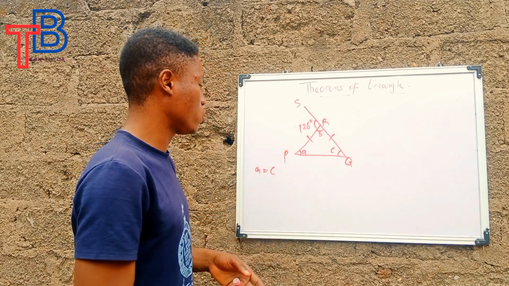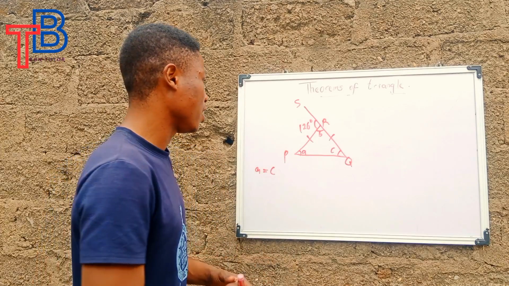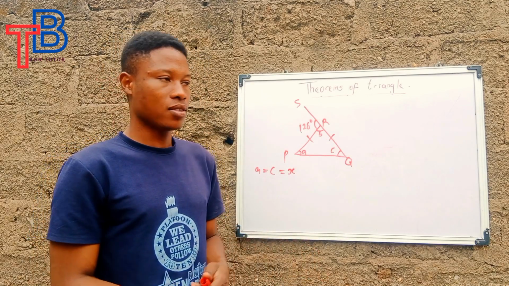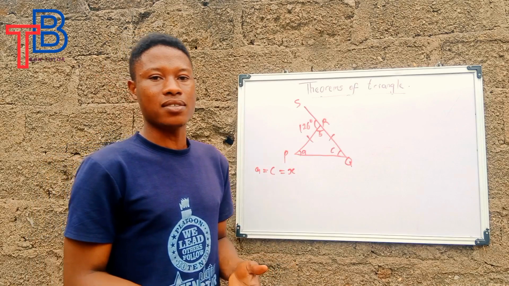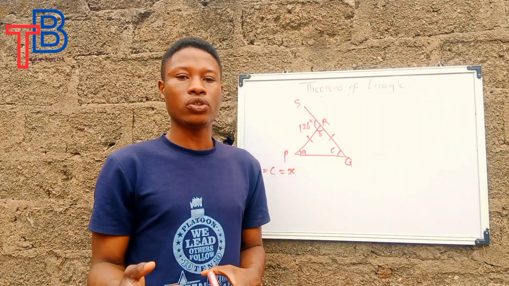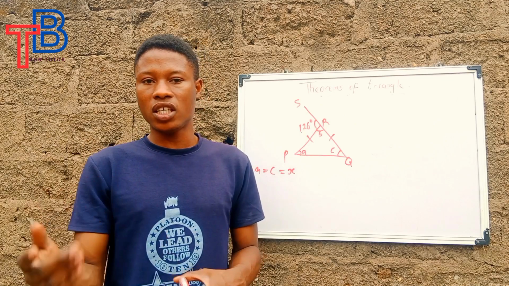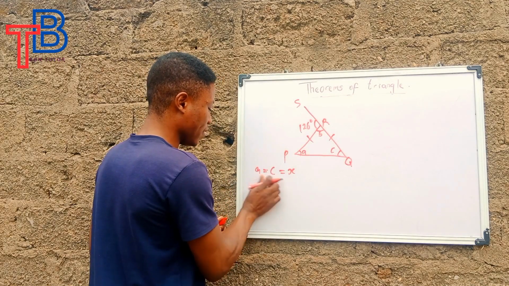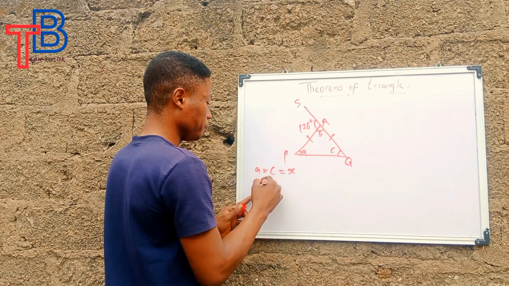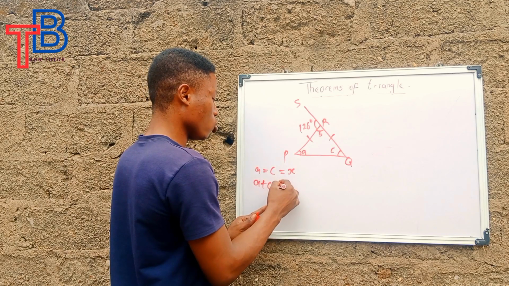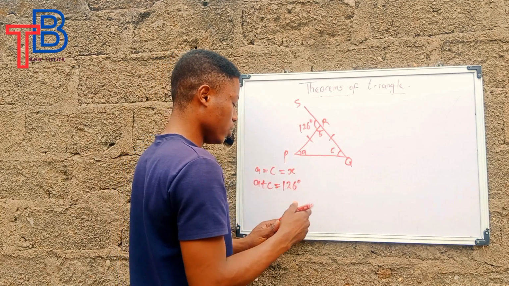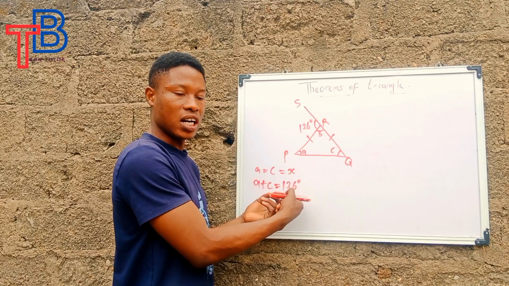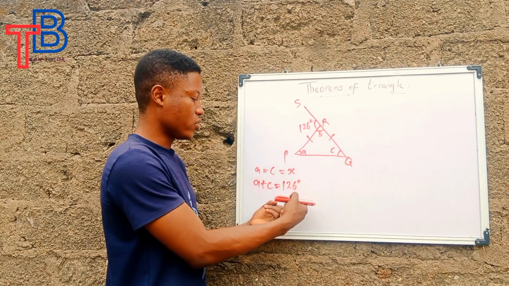If your A equals C, it means they are the same thing, right? Yes, that means you can represent them. Let's represent them with X. For us to follow the theorem that says one exterior angle equals the sum of two opposite interior angles, let me first write it out so we won't get confused. You have your A plus your C equals 126 degrees. That is the sum of the two interior angles being equal to the exterior angle.